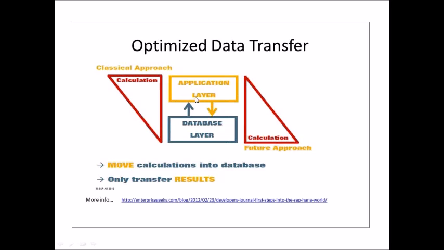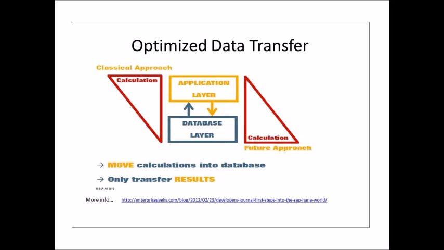In this case, the traffic between the application layer and the database layer will be very high. When there is heavy traffic, the movement of data between the application layer and the database will be too slow, because of which we used to find a hell of a lot of time in executing a report. Maybe you talk about your BEx report or your ABAP report, everything falls into the same problem.